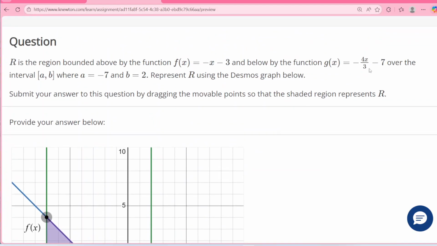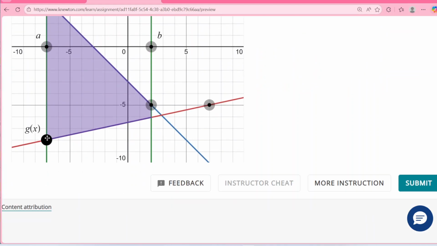And then this g function, again, I really just need to plot some points. It'd be really easy if I plugged in values of x that were multiples of 3 here, because you got this denominator of 3. So at like -6, that would be 8 minus 7 would be 1. So I'll move one of these points to -6, 1.